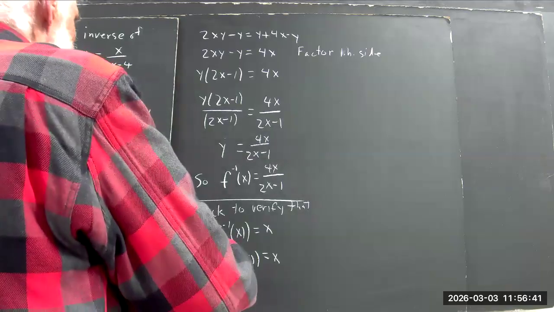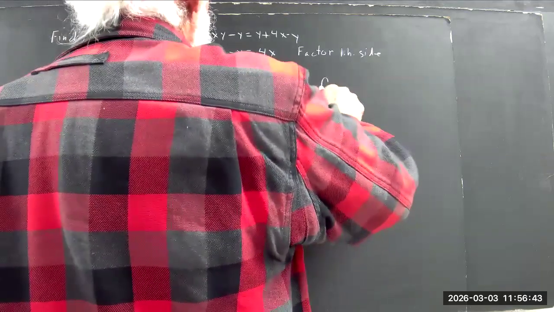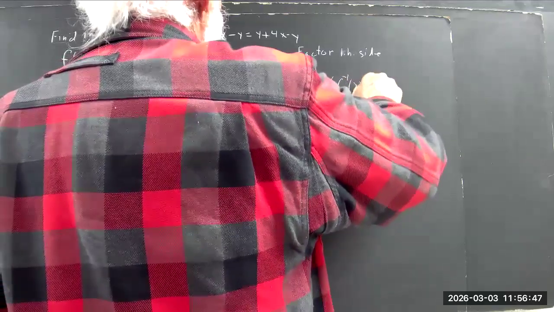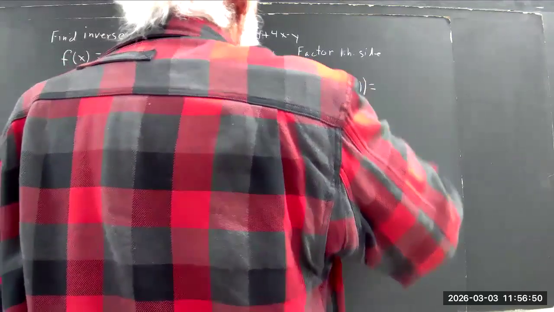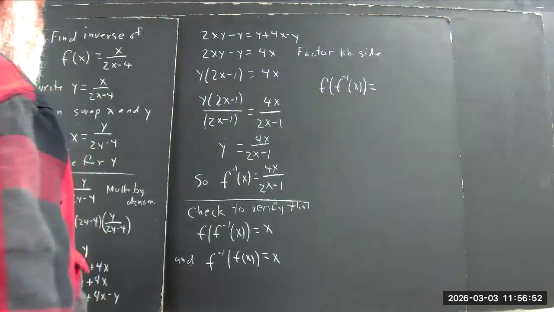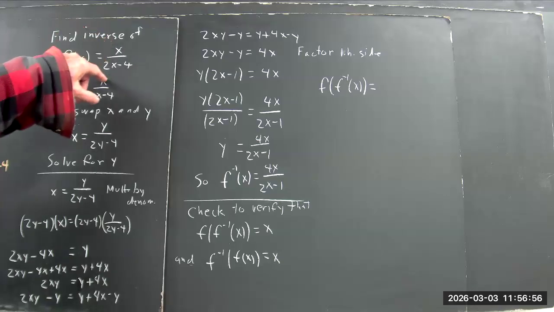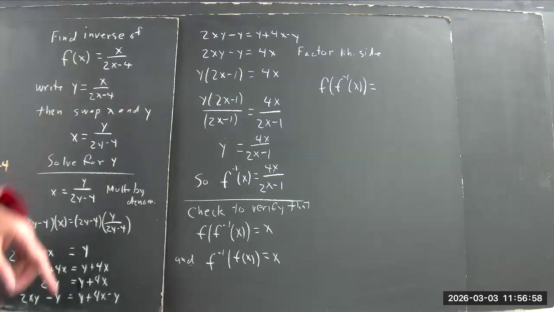Okay, well, f of f inverse of x equals what? F of x is x over 2x minus 4.